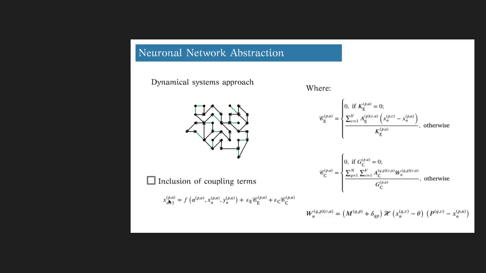So we have 1, 2, 3, 4: P indexes the network and U indexes the neuron in each network.